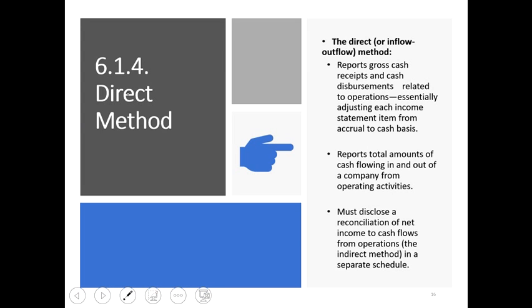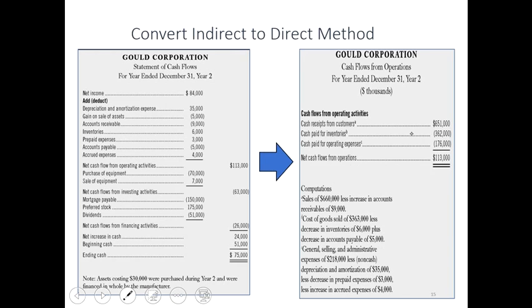Next let's go to the 6.1.4 direct method. So the direct method itu dia akan tunjuk inflow ataupun outflow. Dia report gross cash receipt and cash disbursement related to operations, essentially adjusting each income statement item from accrual to cash basis. Apa ni maksud dia inflow dengan outflow? Kalau ada kurungan ni maksudnya cash outflow.